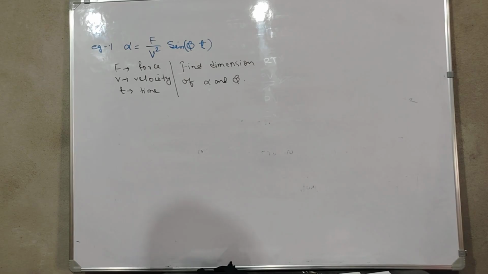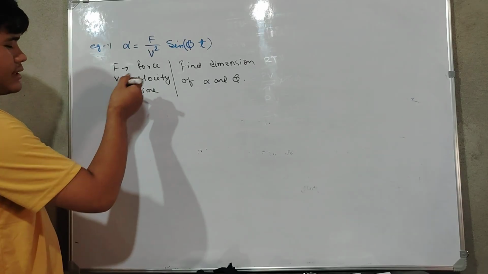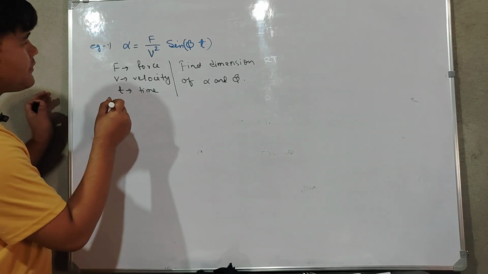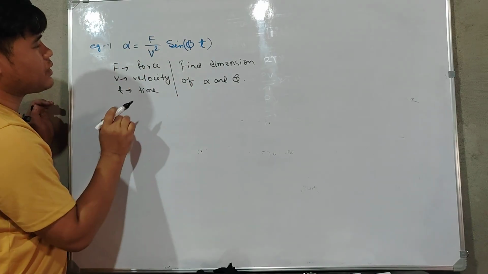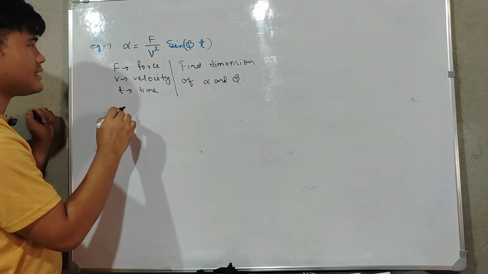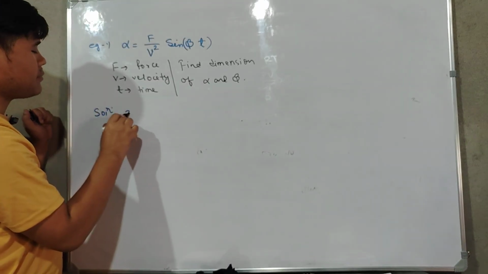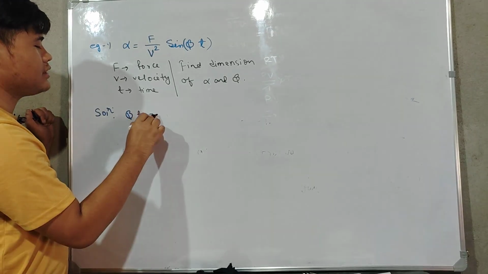Okay, if you are not able to do it, then we will do it. So you pause it and do it and check your answers. So let's see how we will do this one. Right, just now we learned the rule: whatever is inside of sine is dimensionless, right? So solution: beta times T is equal to 1.